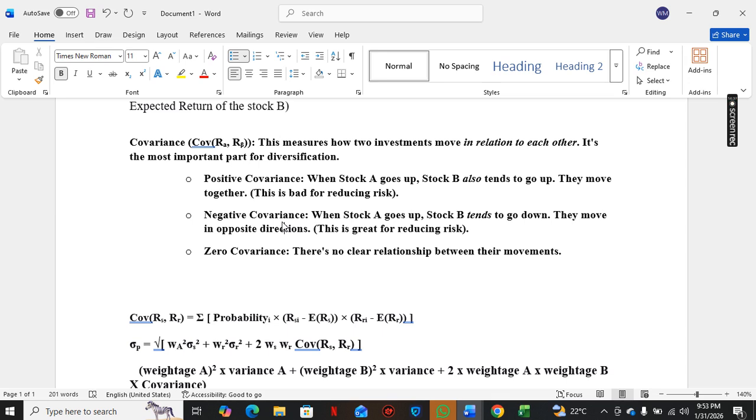Okay, colleagues? So a positive covariance, the investments move in relation to each other. A negative, they move opposite each other. A zero covariance, there is no clear relationship.